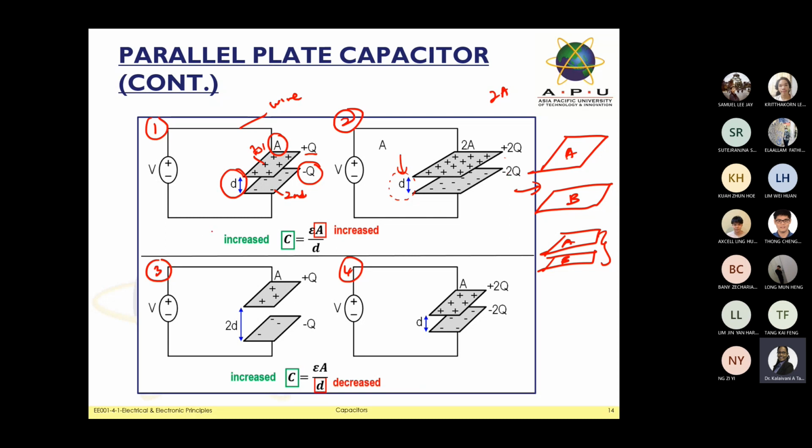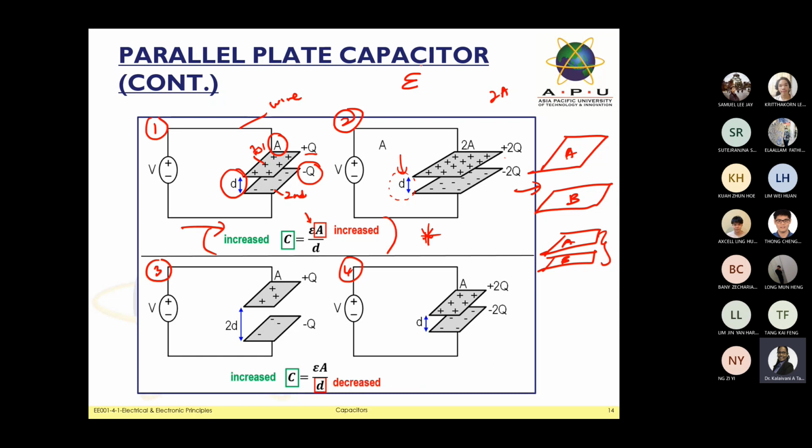So now have a look at the formulas. This formula is very important for you to know, because from here you need to prove, based on your theory, that what you're doing is right. Let's go with the equations here. This equation shows you C equals, and you can see the symbol epsilon, which we call the permittivity.